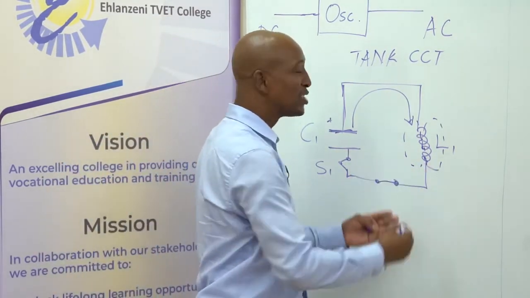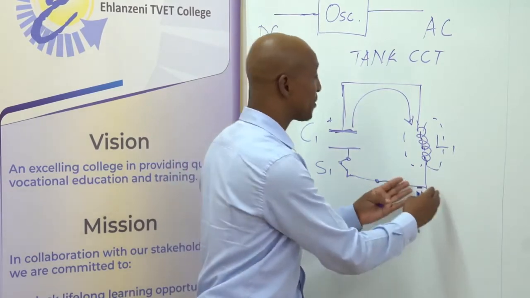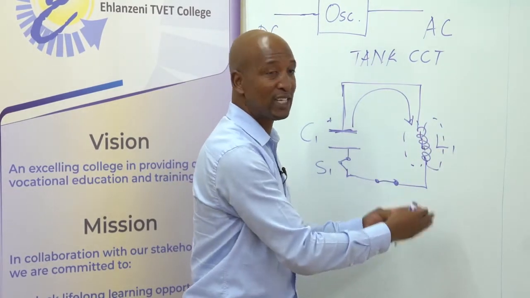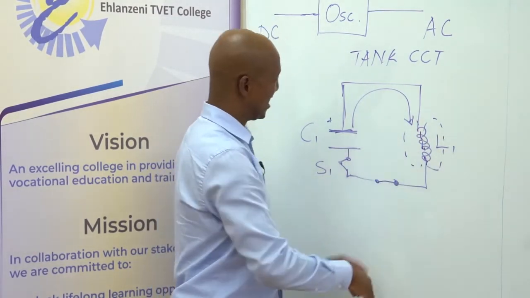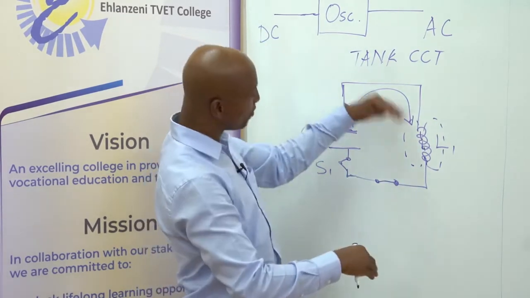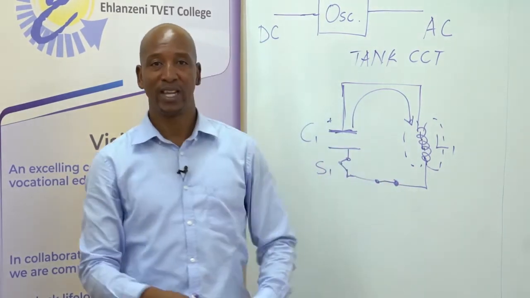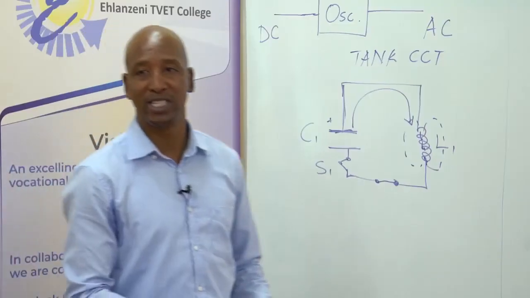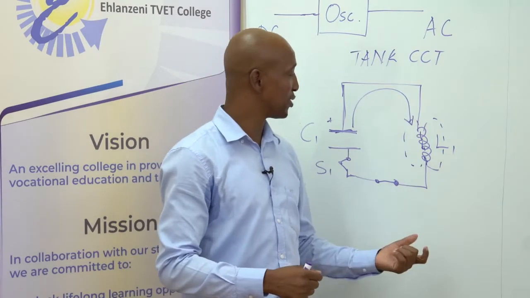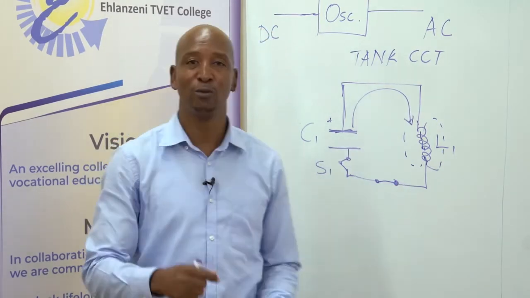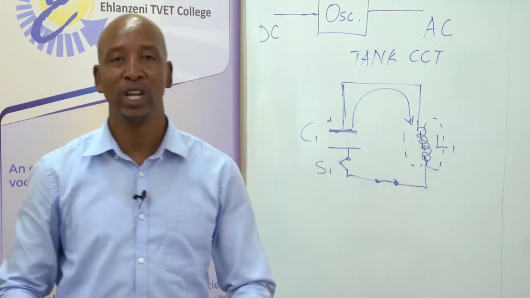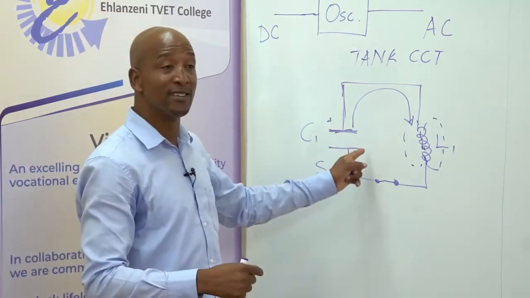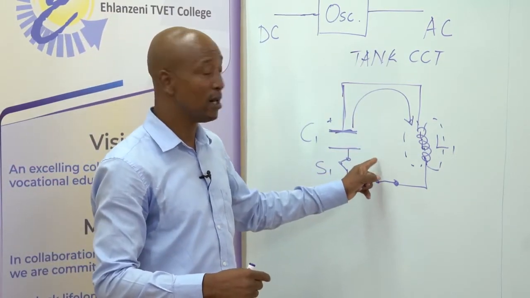So an inductor can store energy in a magnetic field. Once the capacitor has discharged completely into the inductor, the inductor will have maximum energy across itself. Energy has the tendency of moving from a higher potential to a lower potential. By then, the capacitor is at a lower potential.